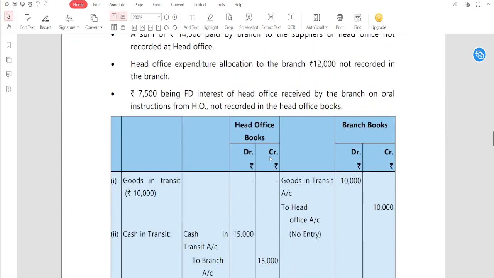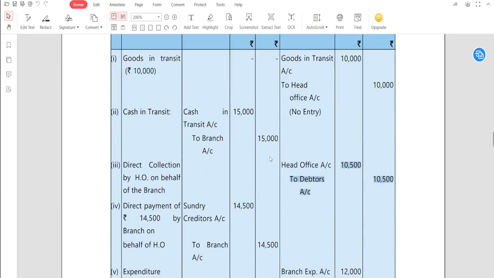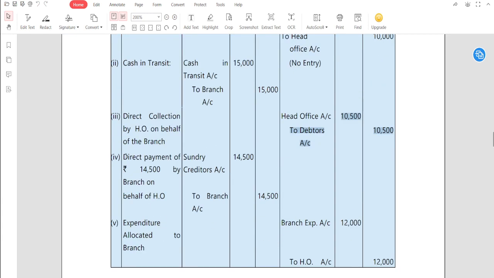Now next, a sum of 14,500 paid by the branch to the supplier of HO, not recorded at the HO. It means the branch paid the money, but HO has not recorded it. So HO should record the money. So in the books of the HO, sundry creditor account debit to branch.